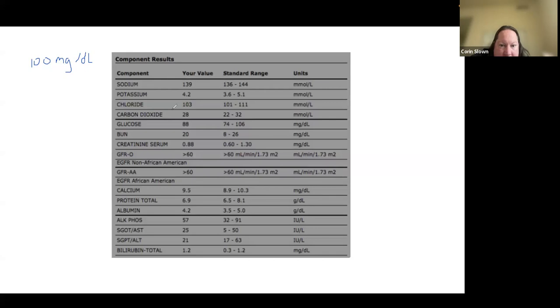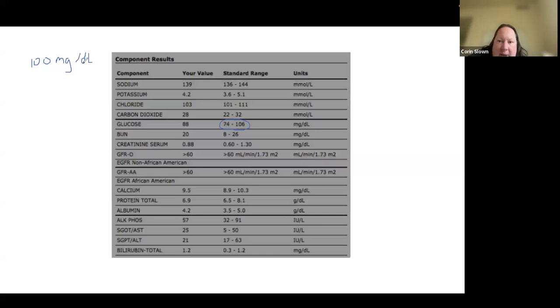If we look at this, this is the range. So the patient falls within that range, 100 milligrams per deciliter. But I want to think about that from a chemist perspective, not just a nurse's perspective.